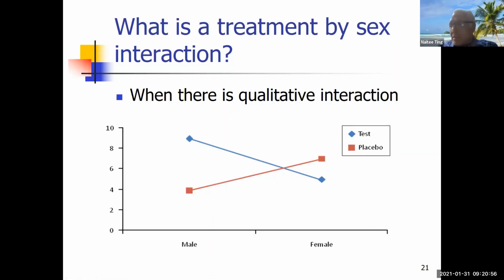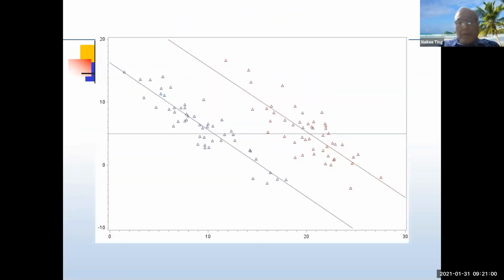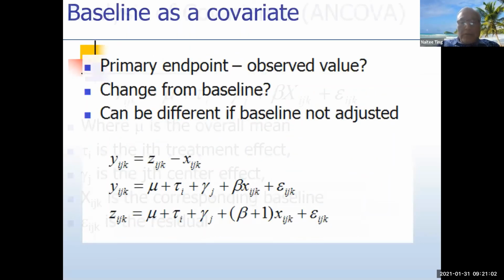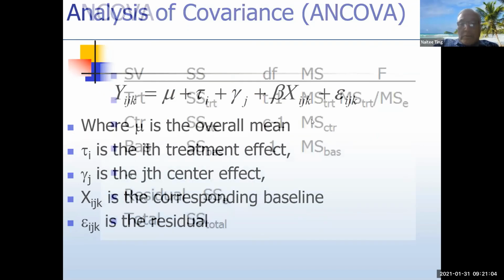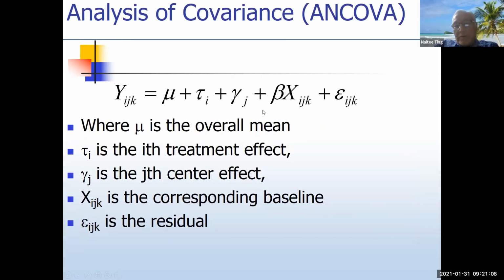All right, now let's go back to this model. Why is there no interaction term, tau gamma ij, in the model? The first thing is that from a design point of view, you do not expect there's interaction.